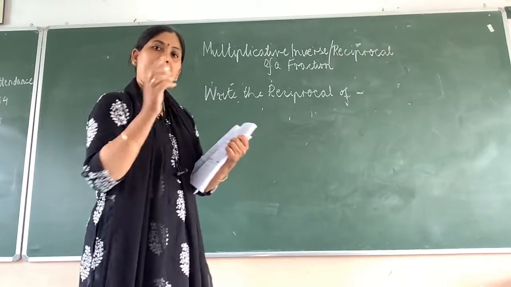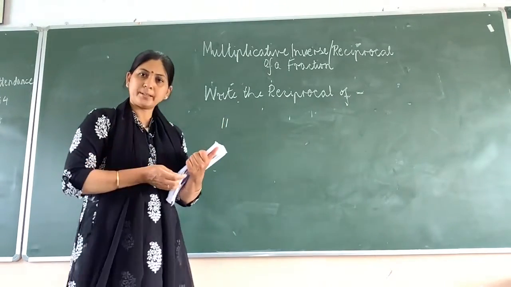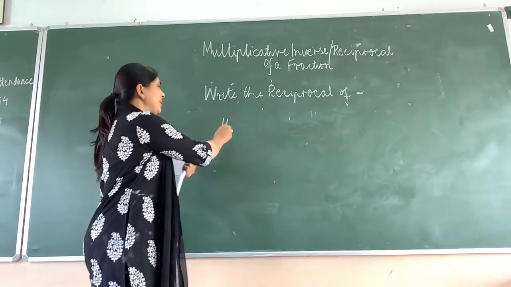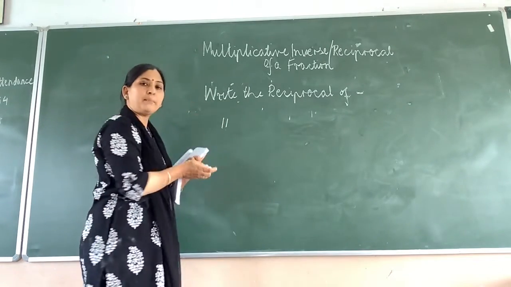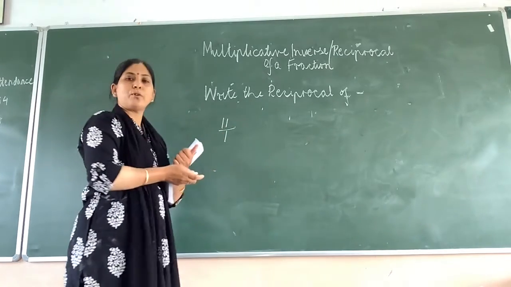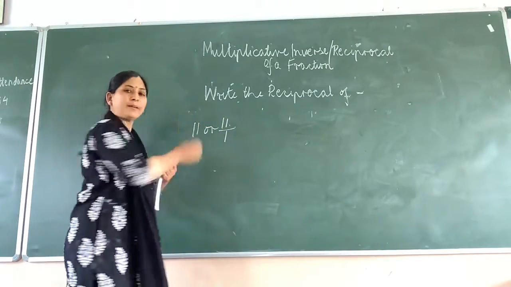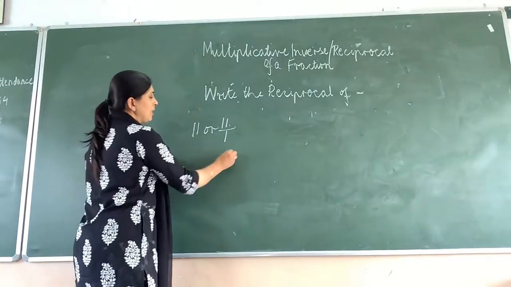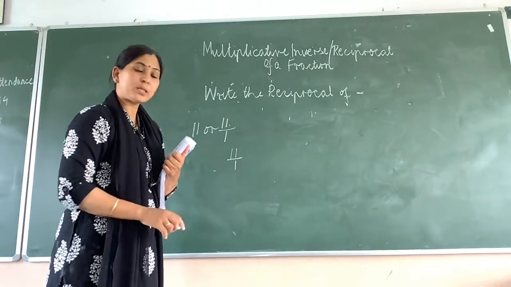Let's take a number greater than 1. Let's take 11. 11 is greater than 1. Now let's see what will be the reciprocal of 11. 11 is a whole number. Can we write it in fraction form? Yes, 11 means 11 over 1. Now 11 over 1 should be multiplied by which number so that their product is 1?